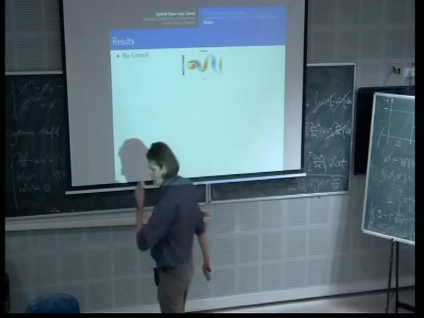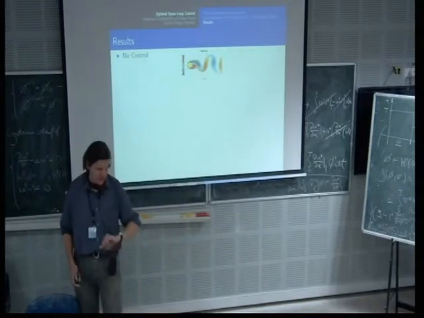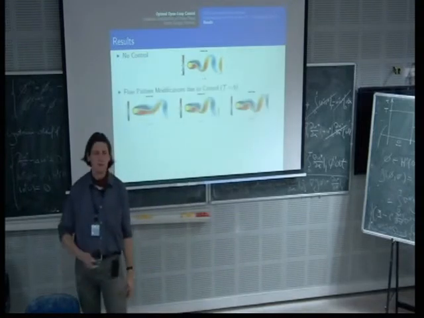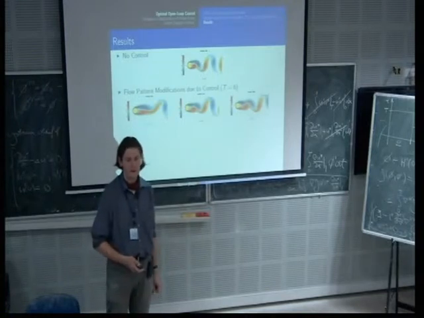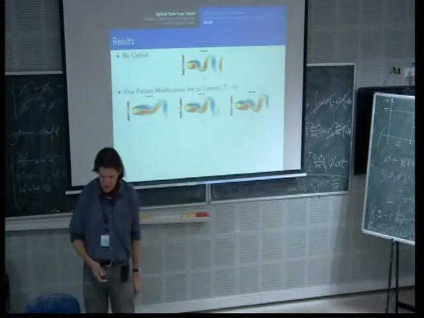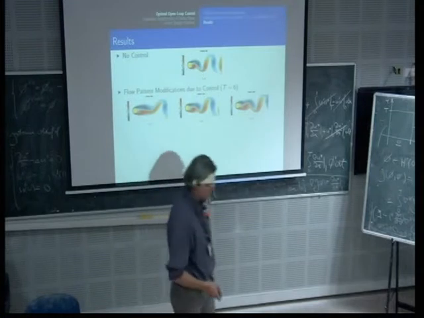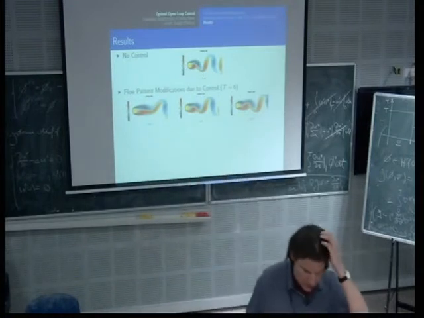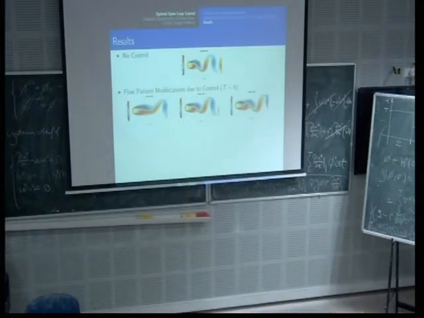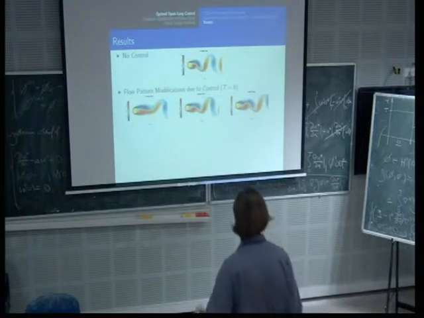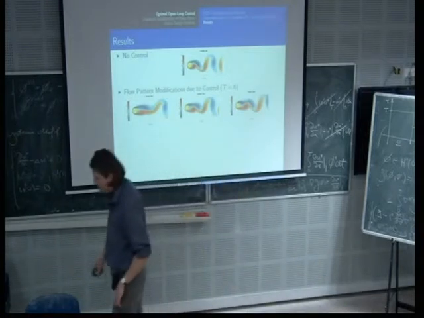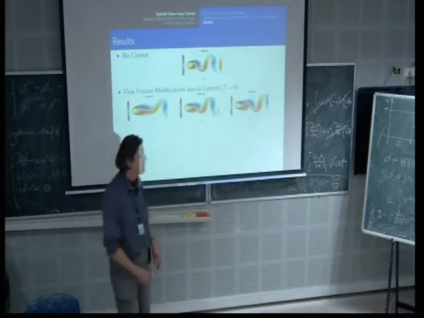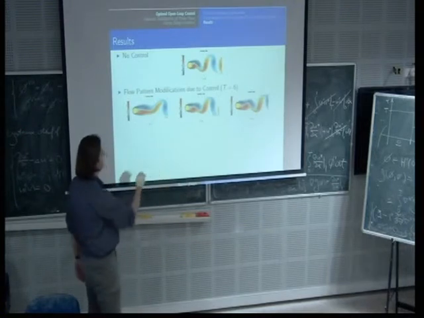Okay, let me show you some quantitative results to demonstrate that it actually produces something useful other than just colorful pictures. So let me remind you that the goal was to get rid of the vortex shedding, or at least partially mitigate the detrimental effects that vortex shedding generates. So that's the flow that you get without any control.